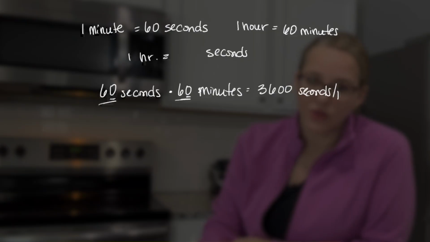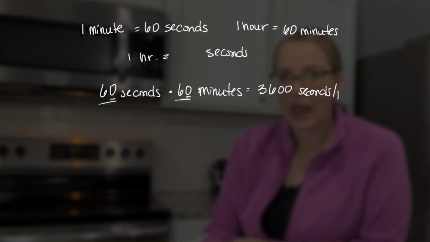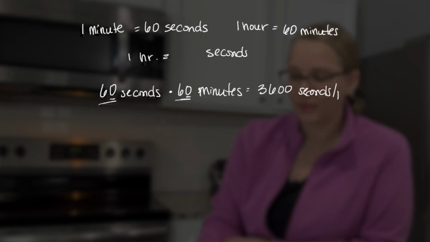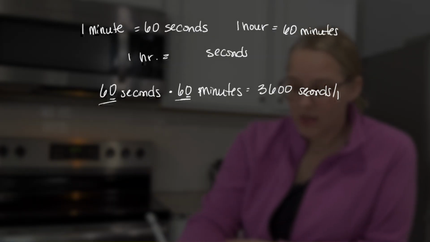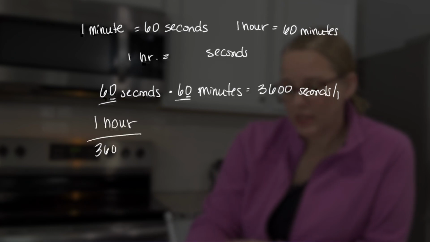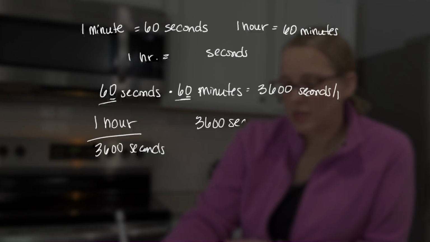So our conversion factor for that, from going to seconds to hours, what would that look like? You just put one over the other? Right, exactly. So you would put 1 hour over 3,600 seconds, or 3,600 seconds over 1 hour.